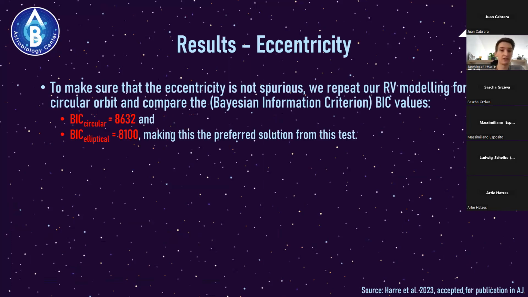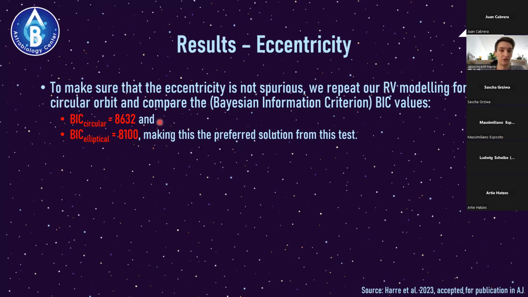Okay, but since this eccentricity is so small, we need to make sure that it's not just a spurious case. So we repeated our radial velocity modeling for a circular orbit as well, and compared the Bayesian information criterion, in short BIC values, which is a sort of fit statistic, also keeping in mind the number of parameters that are being fitted at the same time.